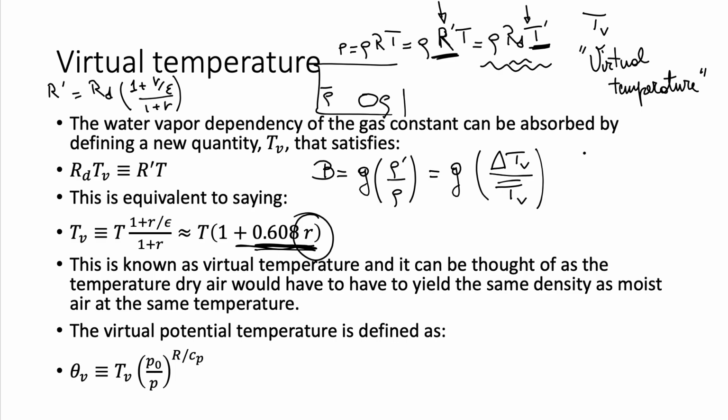In the tropics, particularly close to the equator, the temperature above the boundary layer, so let's say that this is the surface of the ocean, and let's say that this is the boundary layer, so think of this as, I don't know, cloud top, 2 kilometers.